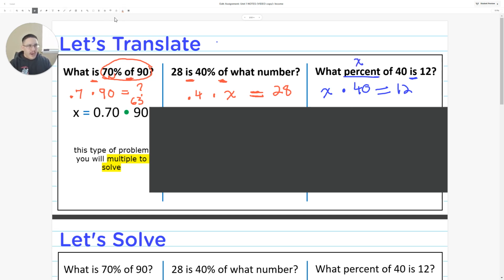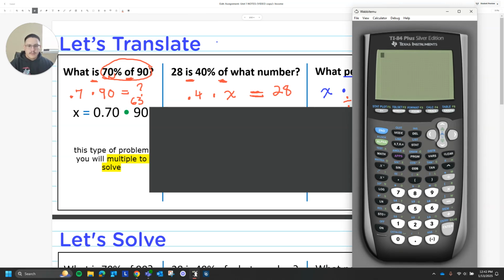Just like the previous problem, x is on one side of the equal sign. We need to get it by itself by moving whatever's attached to it to the other side by doing its opposite. So what's the opposite of multiplication? Division. We're going to divide both sides by 40. So 12 divided by 40 is 0.3.